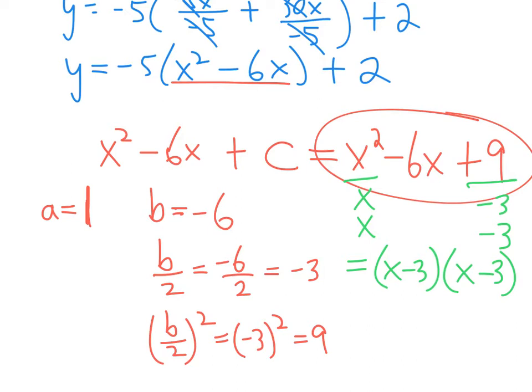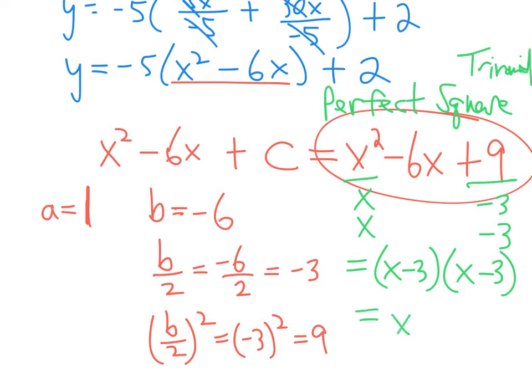So in other words, the trinomial x squared minus 6x plus 9 is a perfect square trinomial. We could write this as x minus 3 squared. We have perfect factors of x minus 3 squared.